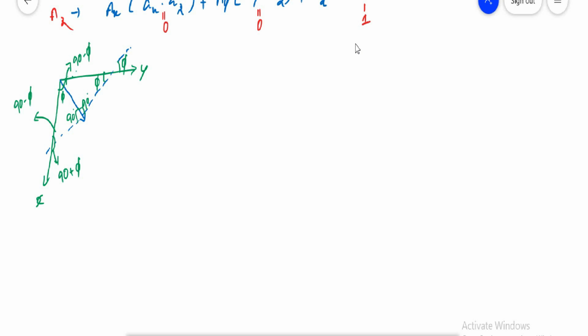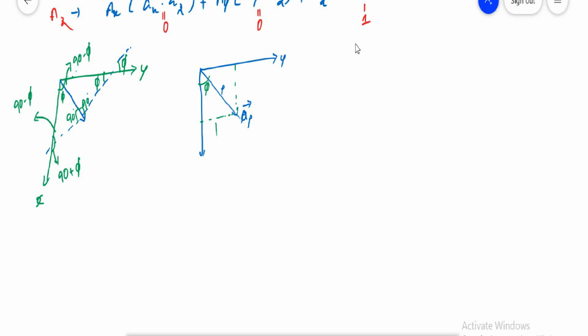cylindrical coordinate system. So from this, let us consider this is your y-axis and this is your x-axis. And this is your rho, that is your A rho. Let us consider this is your A rho, the unit vector along the length of rho. So this is an angle of phi. Then what about this one?